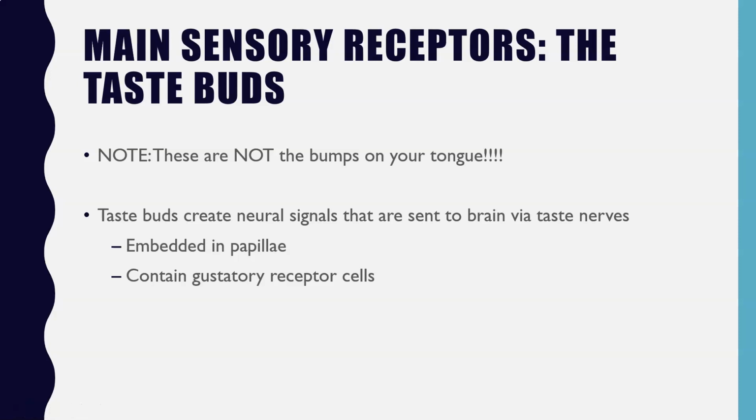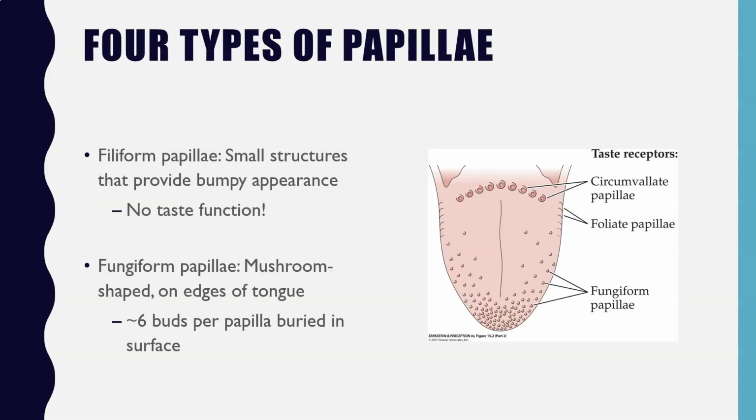They are embedded in papilla, and the papilla are those bumps that are on your tongue, and these contain our gustatory receptor cells. So there are 4 different types of papilla on our tongue. Each of these papilla will contain, depending on the size of the papilla, a certain number of taste buds.